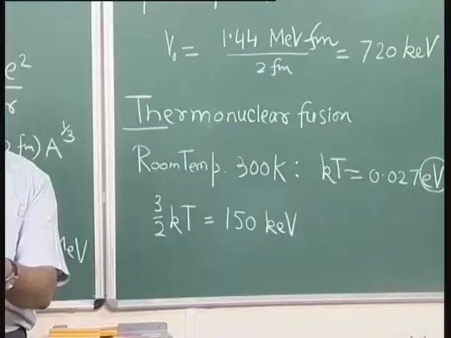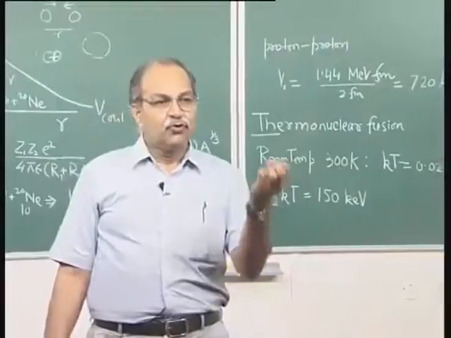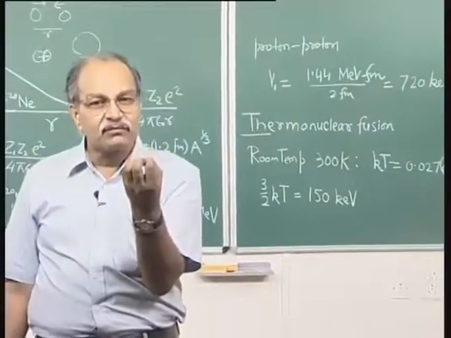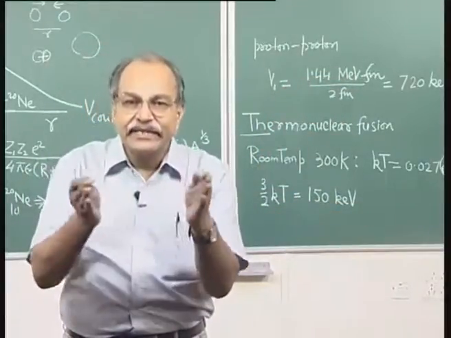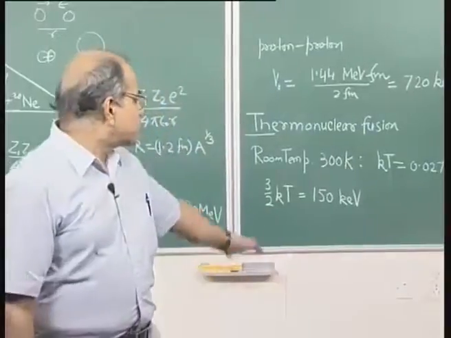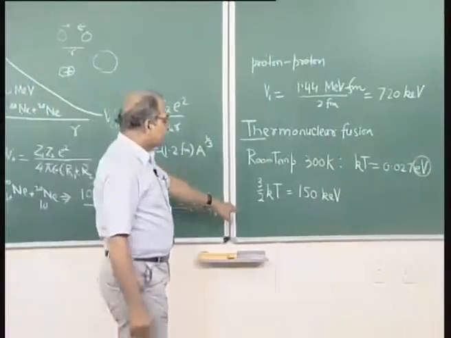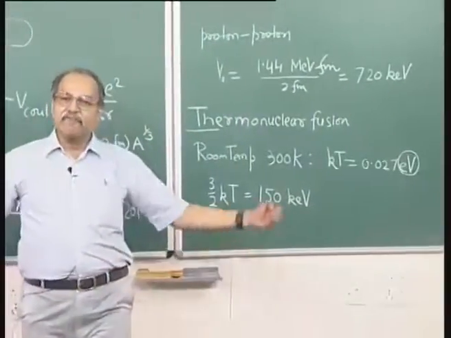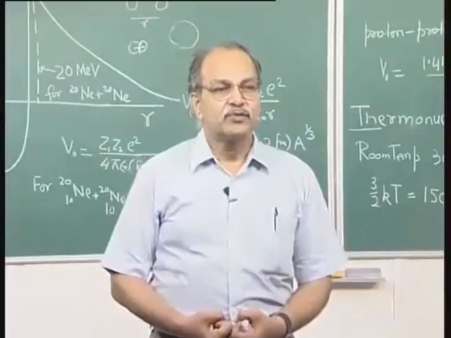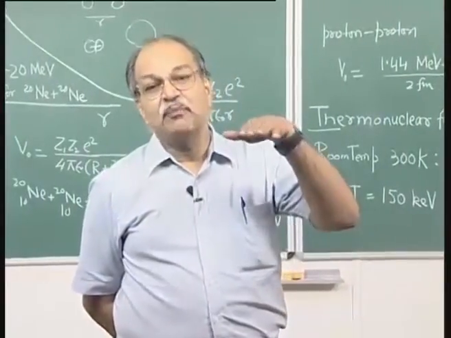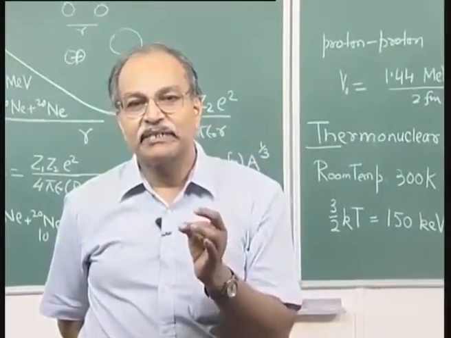For proton the barrier was 720 kilo electron volts, and if you go for slightly bigger nuclei like deuteron or triton, that will be reduced a little bit from 700 because of the radius increasing. But still it will be several hundreds of keV. So, let us say our temperature should be such that the average kinetic energy is 150 keV, so that when the particles come and try to combine, the kinetic energy is comparable to the barrier height, and then the barrier penetration probability is significant.